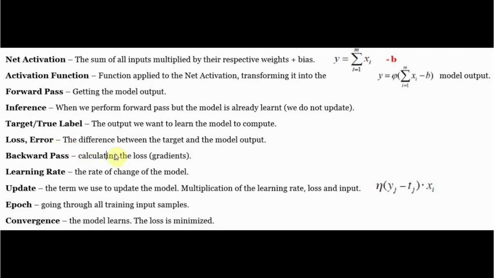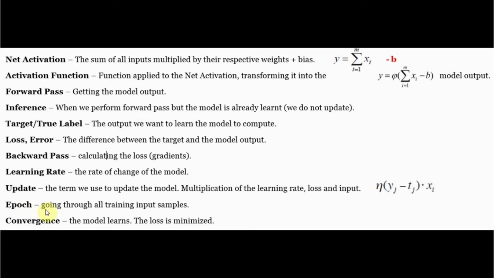Backward pass is calculating the loss, or, as we'll see in future tutorials, the gradients, but let's just think of it as the loss. Learning rate is the rate of change of the model when we update it. Update is the term we use to update the model. It is the multiplication of the learning rate, the loss, and the input.